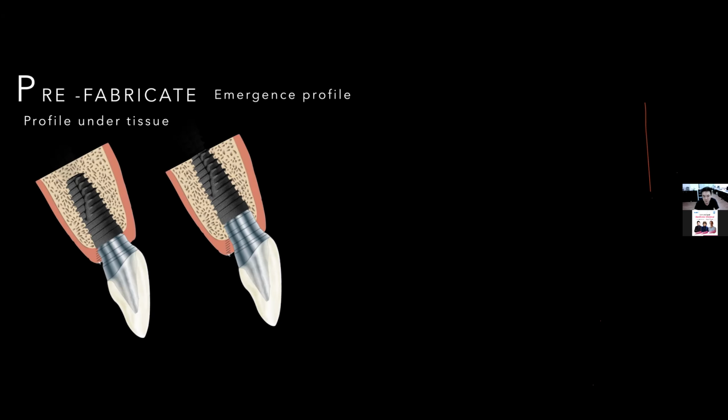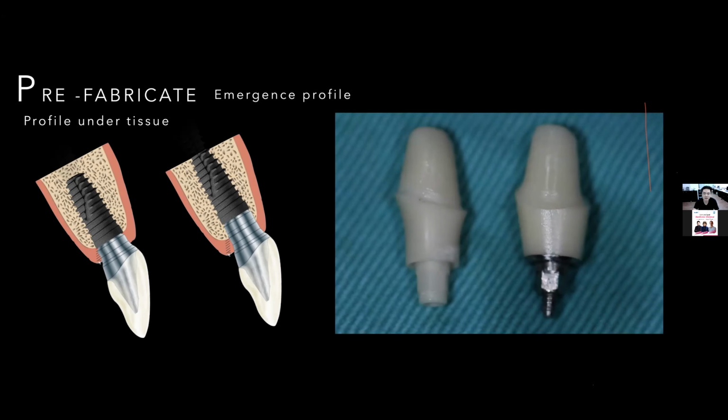But sometimes if it is too deep or too close to the tissue, it is not easy to decide our emergence profile for our custom abutment. So we can see these two implant fixture positions are different. One is like this, and the other is normal. And this is an interesting thing in the past. When we wanted to design the emergence profile under the tissue, in the past we liked to make it convex.